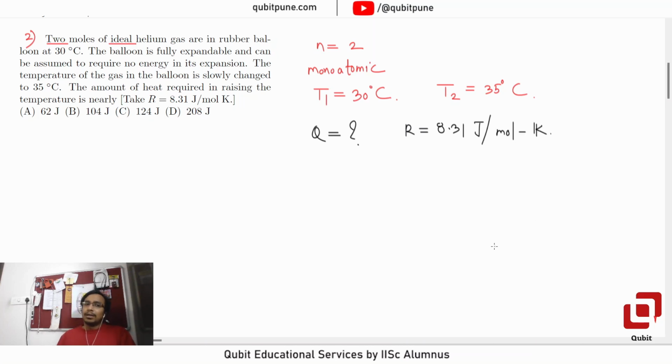Now let us focus our attention on the second statement in the problem. They're saying the balloon is fully expandable and can be assumed to require no energy in its expansion. Look, the volume of the balloon is definitely going to increase, right? The volume of the balloon is increasing.